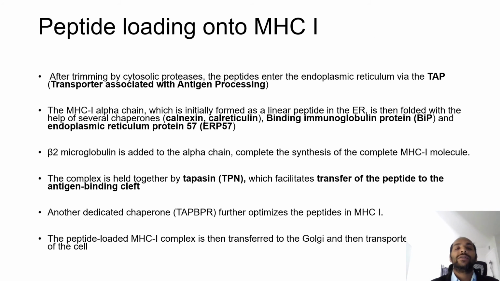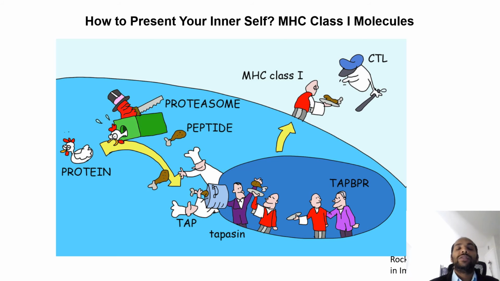We already discussed this part. This cartoon shows the different steps included in the process. As you can see, large molecular proteins are degraded by the proteasome. Now peptides are formed. These peptides are transported by TAP and now tapasin facilitates the transfer.